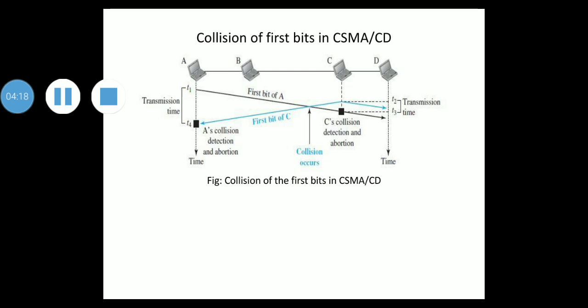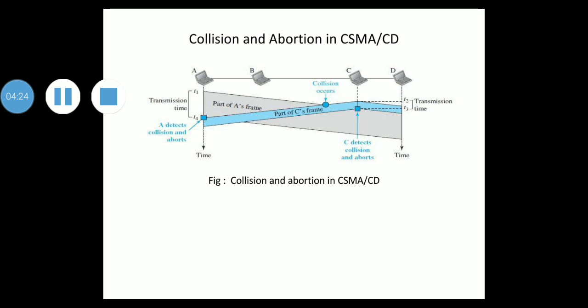Now we can show a more complete graph. We know the time duration for the two transmissions. So you can see collision and abortion in CSMA/CD. You can see part of A's frame and part of C's frame.